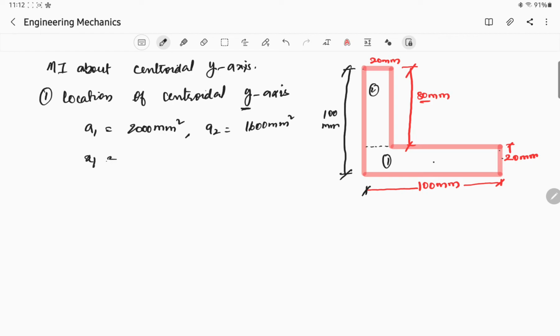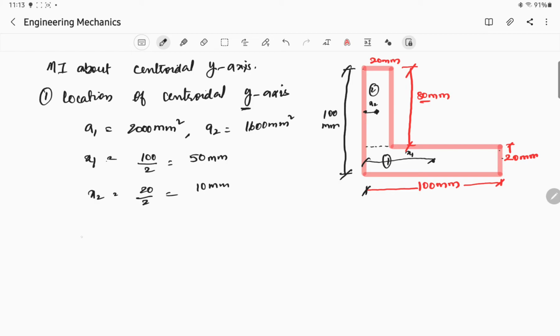See here, the centroid of this figure, from here to here, will be x1, and somewhere here we will have x2. How to calculate x1? x1 is the total width 100 by 2, which is equal to 50 mm. x2 is equal to 20 by 2, which is equal to 10 mm.